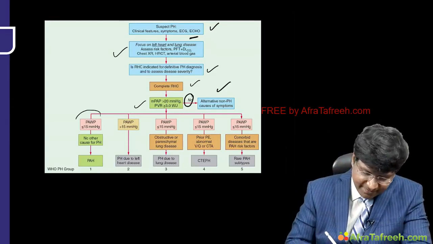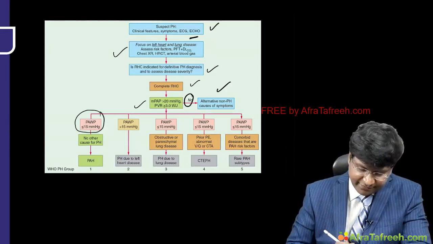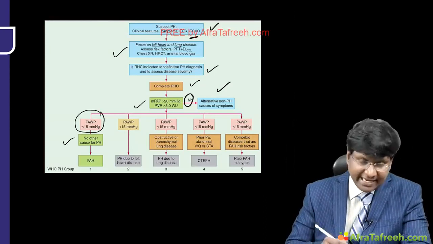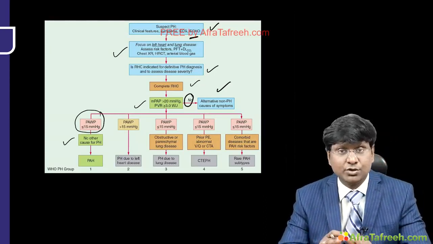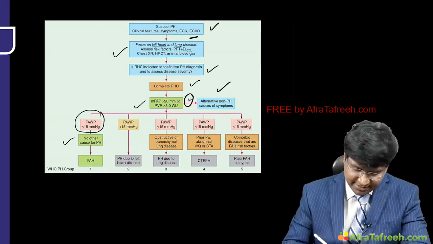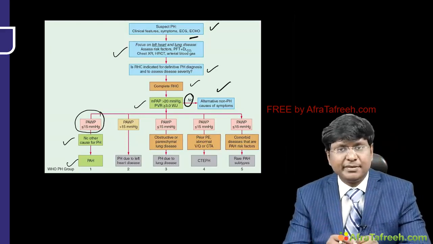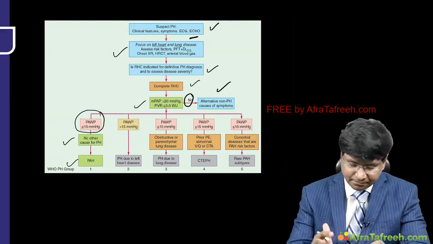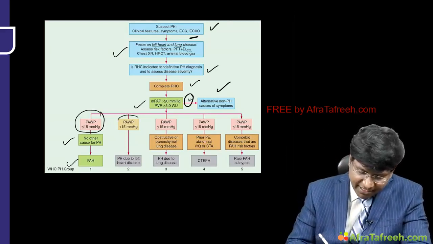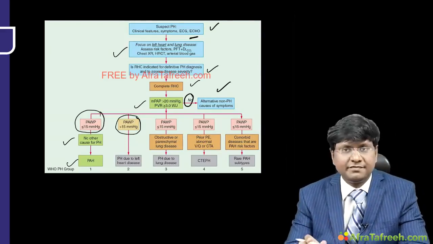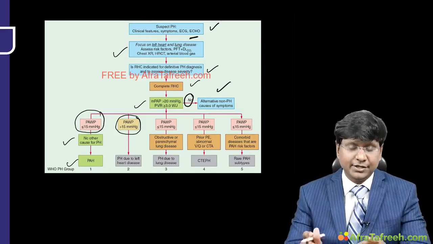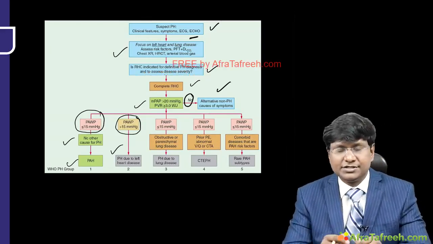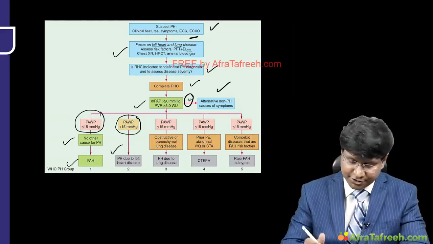If the pulmonary artery wedge pressure is less than 15 and you don't have any other cause for PH, meaning no lung pathology, no left heart pathology, no pulmonary embolism, then it comes under group 1, pulmonary arterial hypertension. If pulmonary arterial wedge pressure is more than 15 with mean pulmonary arterial pressure more than 20, you need to suspect left heart pathology, that is mitral stenosis or left ventricular dysfunction.